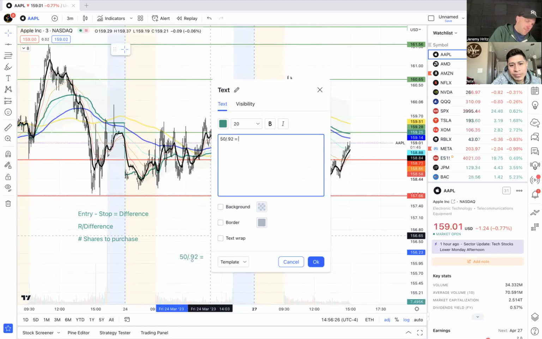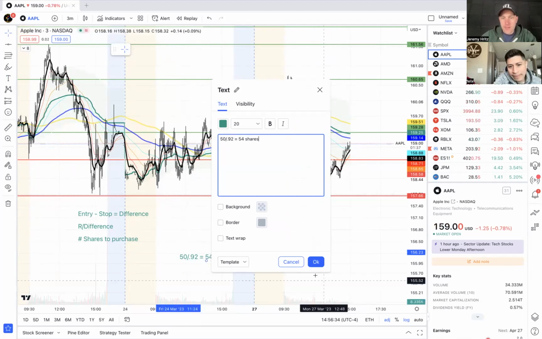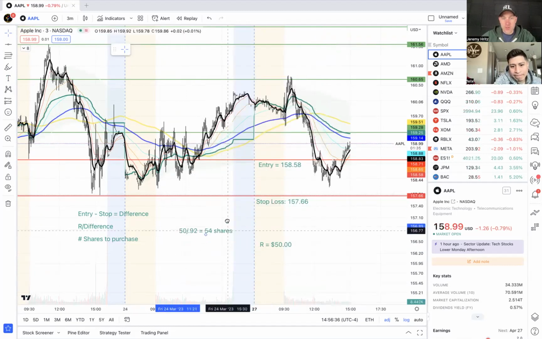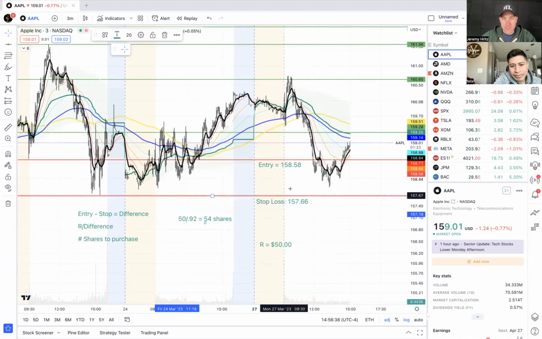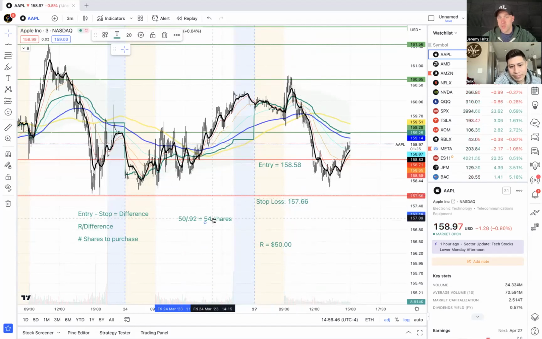I can't do that math in my head. That means we have to buy 54 shares. With 54 shares, you're guaranteed that if this thing bottoms out and hits the stop, you can't lose anything more than $50, because you calculated 54 shares with your stop.